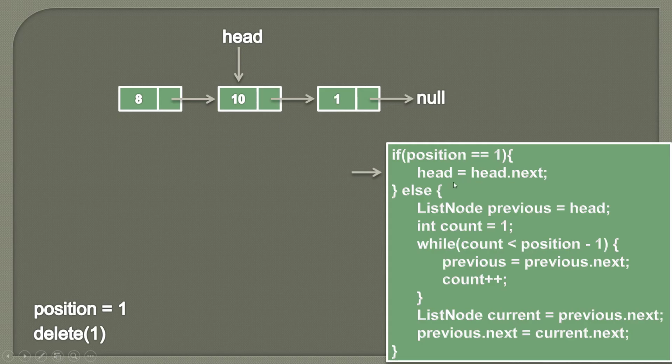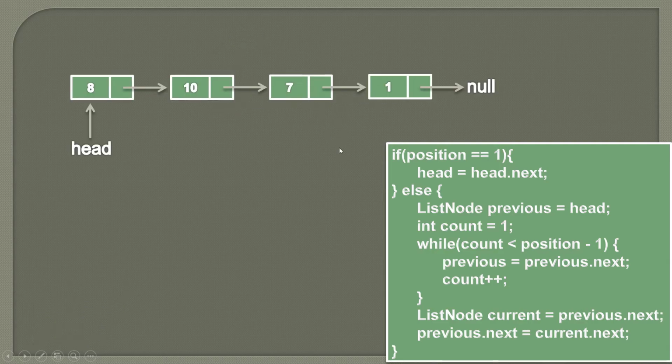So once this assignment is done, this node is not referred by any other node, so this will be garbage collected. So it looks something like this, that now our singly linked list becomes: head is pointing to the node having value 10, and the node having value 10 is pointing to a node having value 1.